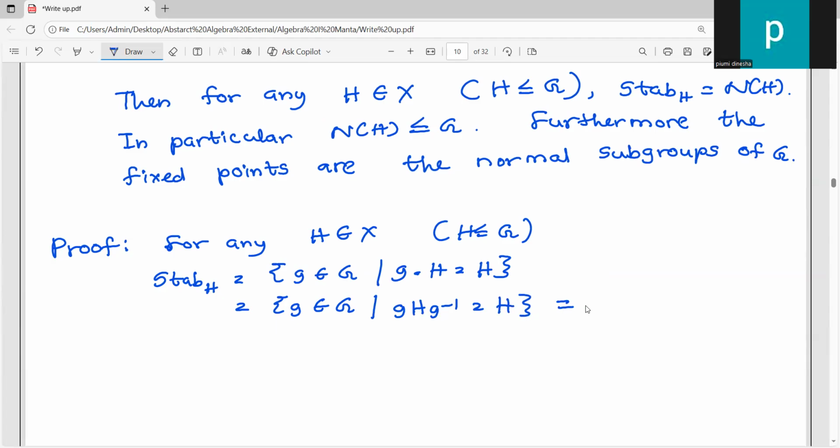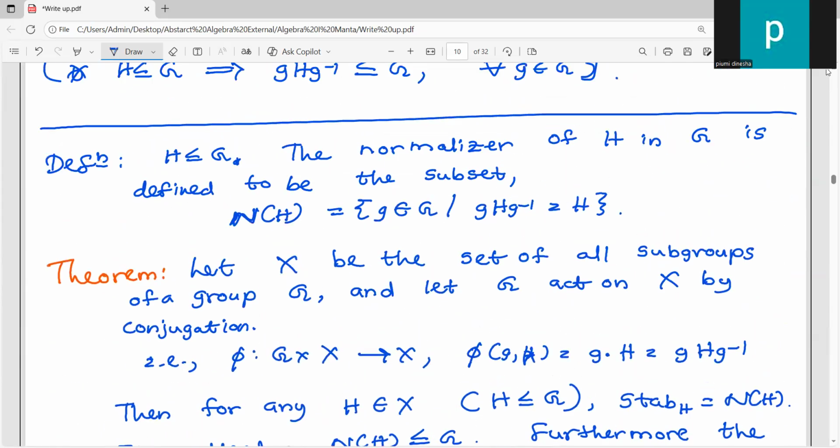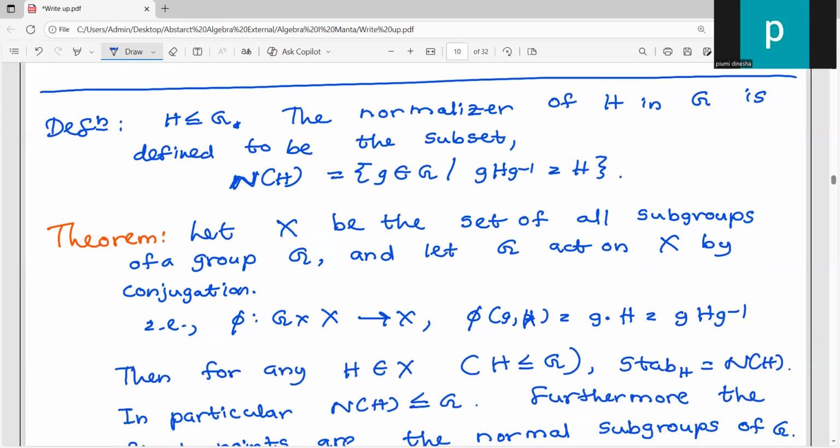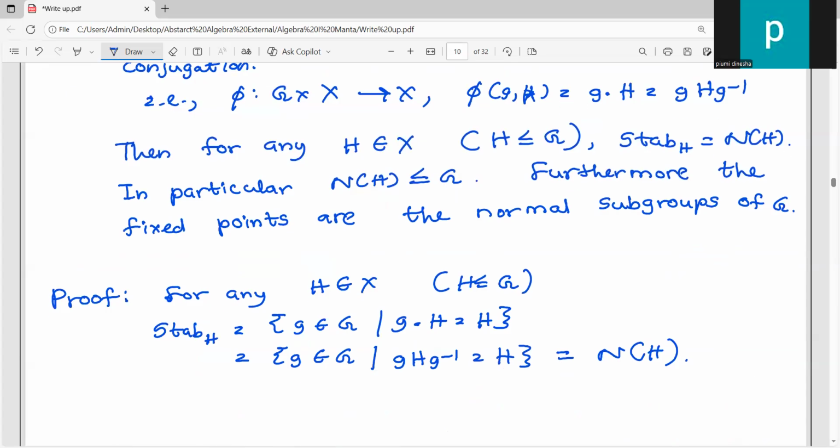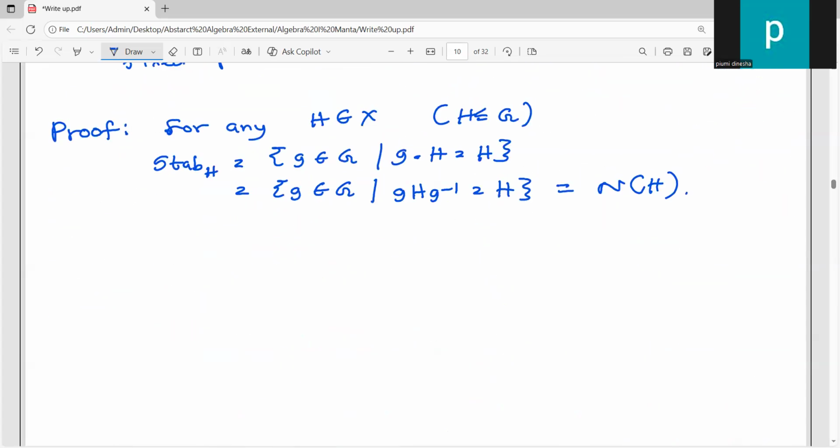By definition of a normalizer, every element in G is such that G H G inverse is equal to H. So by definition, this is the normalizer of H in G, right?